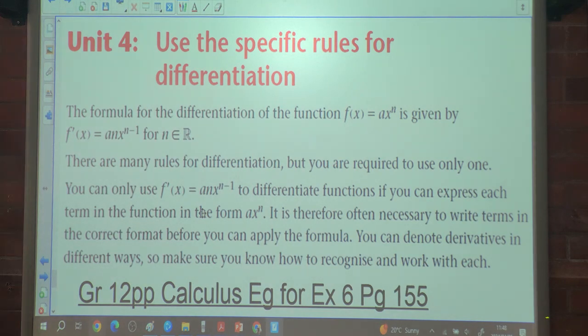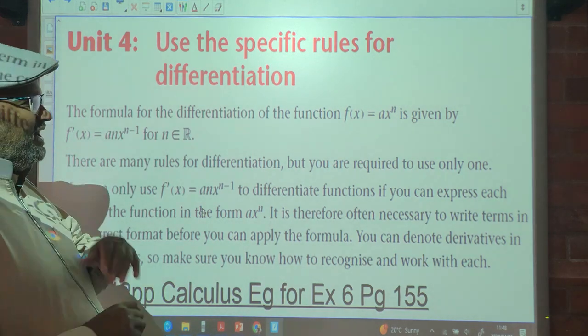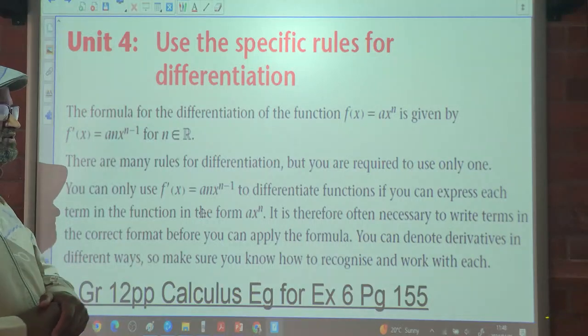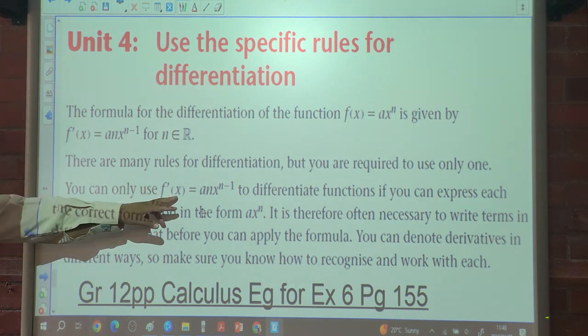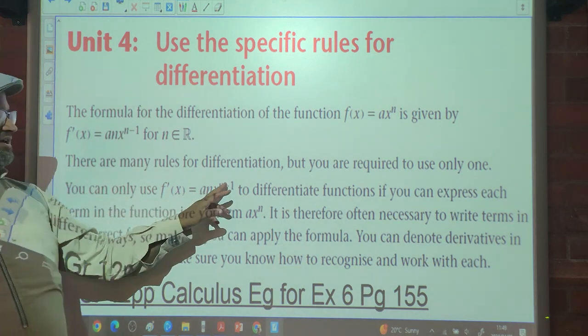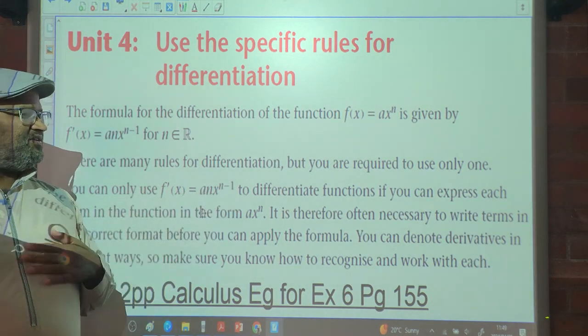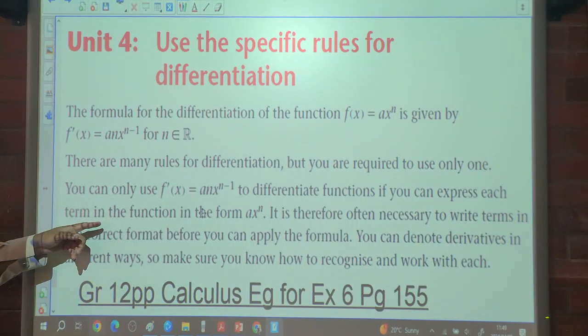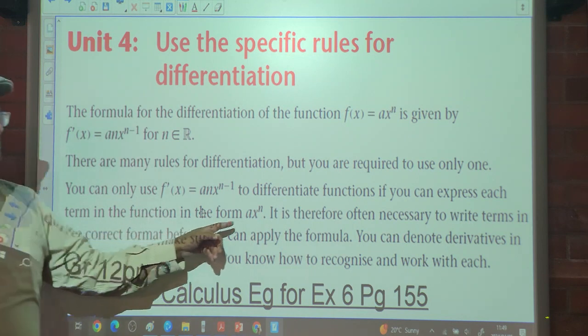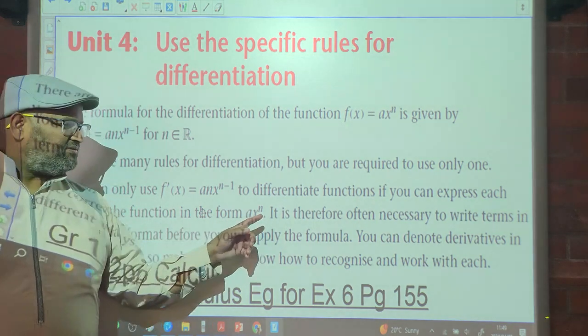There are many rules for differentiation, but you are required to use only one. You can only use f prime x equals a n x to the exponent n minus 1 to differentiate functions if you can express each term in the function in the form of ax to the exponent n. That's what is written down.